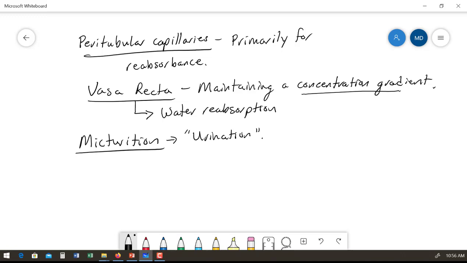Okay, so there are really two parts to micturition, like I was saying. The first one is the involuntary control, which is going to be number one here. And that is controlled by a spinal cord reflex.